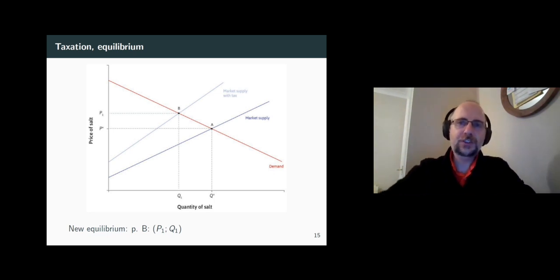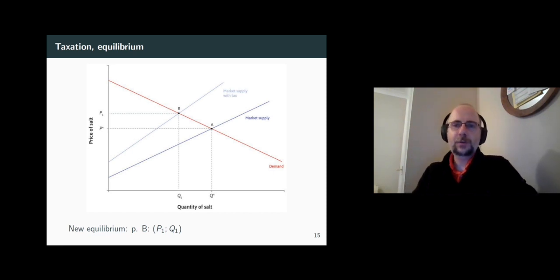So by looking at these two points, we can compare what happens to equilibrium prices and quantities once there is taxation. The first thing to note is that taxation makes the good sold in this market more expensive. The new equilibrium price is P1, which is higher than P star, which was the original price without taxation.